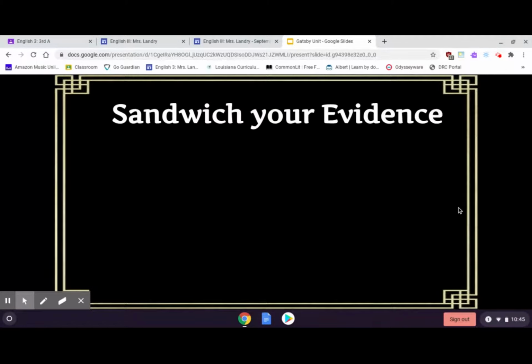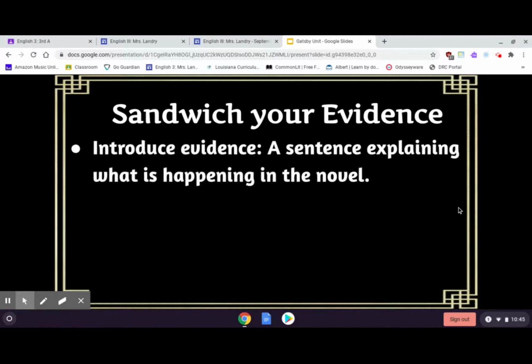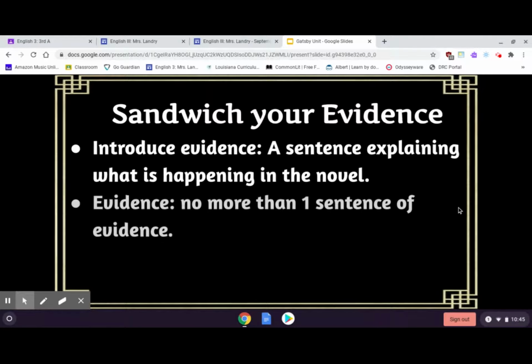Now, we need to make sure we're sandwiching our evidence. What that means, before you put the evidence, you have a whole sentence explaining what is happening in the novel at the time of the evidence. So that's a whole sentence just explaining what's going on. Then you have the evidence itself, which is on the previous slide, the thing you cite. No more than 1 sentence.